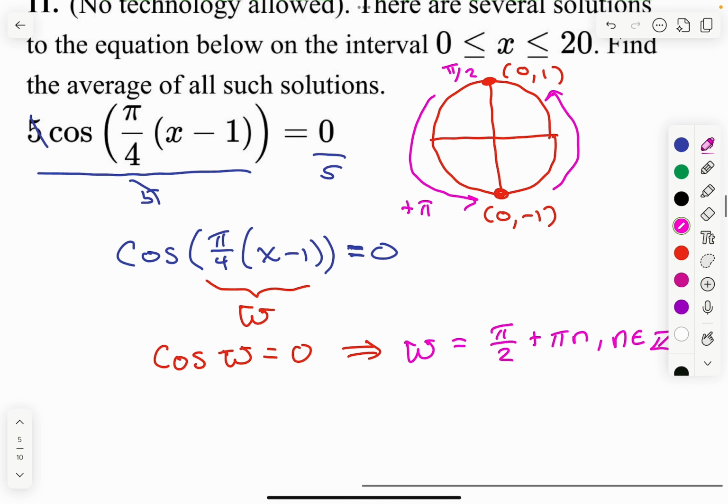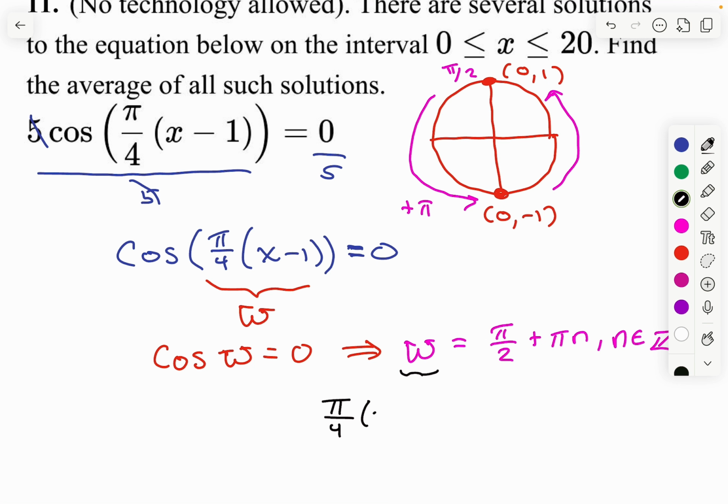Now, it wasn't really a question about w, it was about x, so now it's time to replace our w with what it really was. Okay, now what I need to do is multiply both sides by 4 over pi.